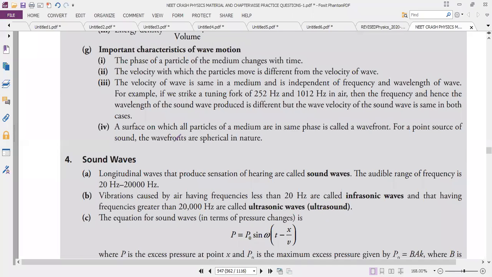Okay, next one, the important characteristics of wave. So what are the characteristics? The phase of particles of the medium changes with time. The velocity with which the particle moves is different from the velocity of the wave.